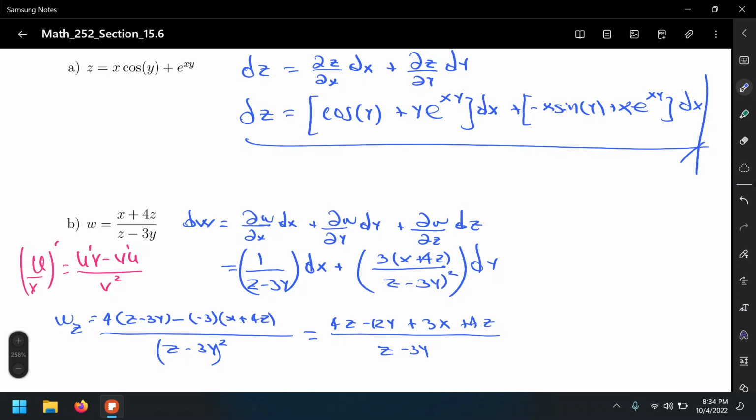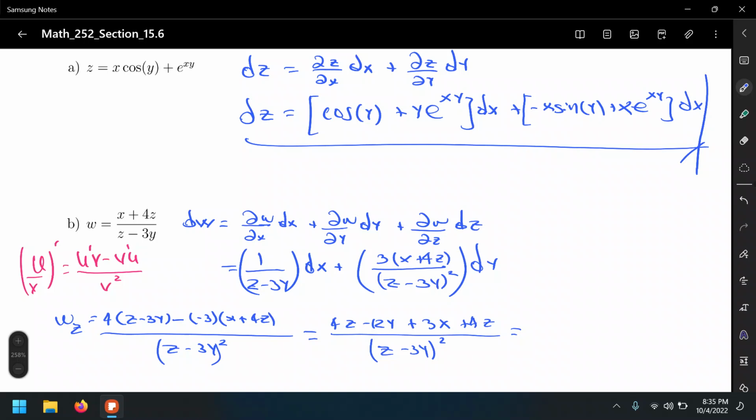And this is squared. Let me fix the parentheses. So 4z plus 12z, that's 16z.